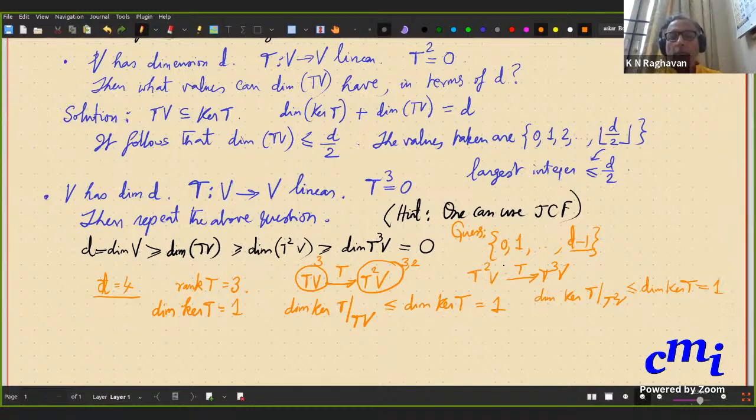So this has dimension 3 or 2, and the kernel is dimension 0 or 1. If it is 3 and the kernel is 0, then it's 3. If it is 3 and the kernel is dimension 1, then it is 2. If it is 2 and the kernel is dimension 0, then it is 2. If it is 2 and the kernel is dimension 1, then it is 1. So these are the possibilities. It cannot be 0.